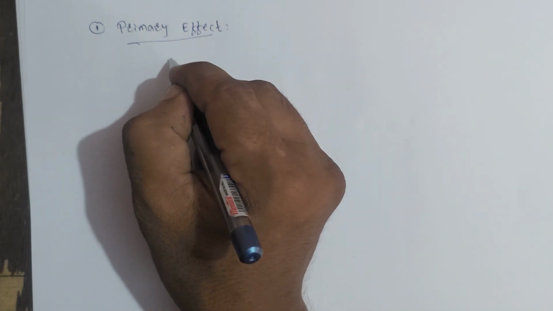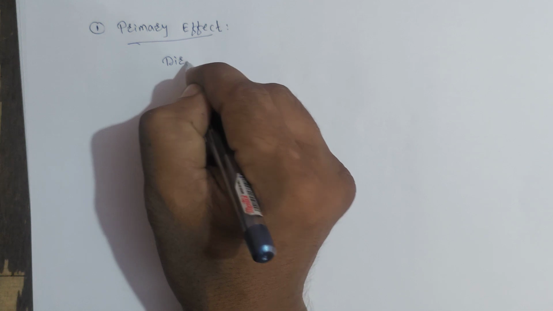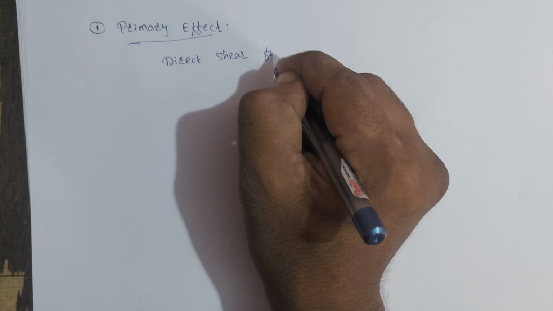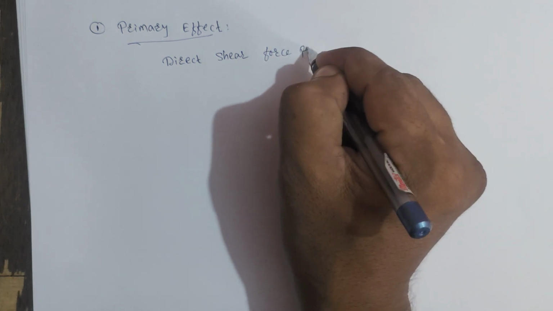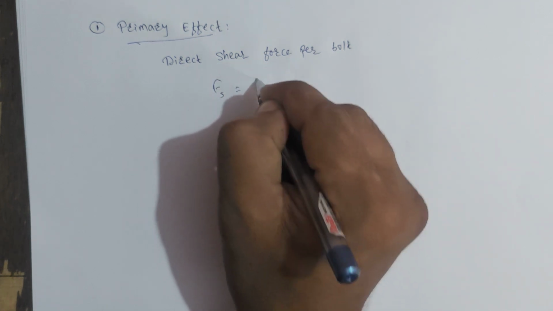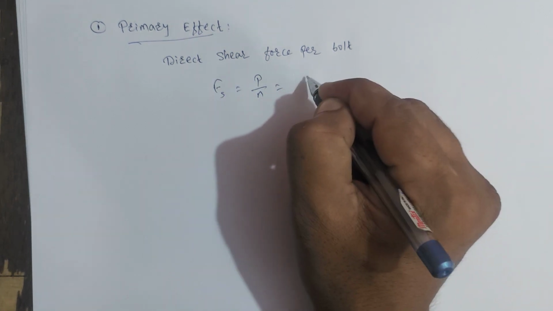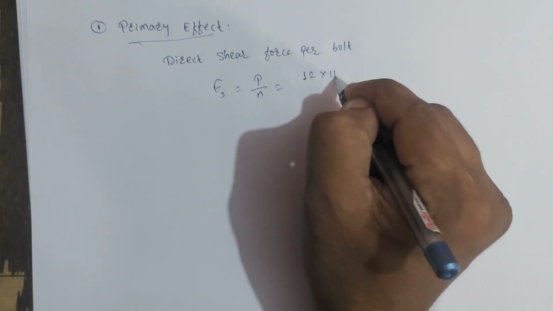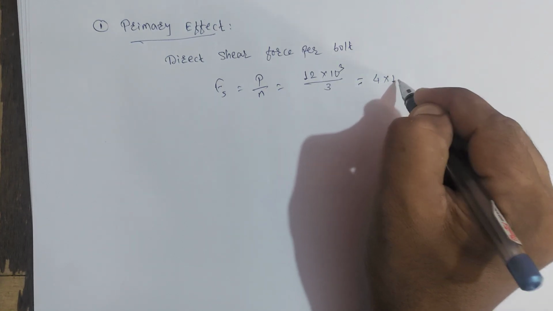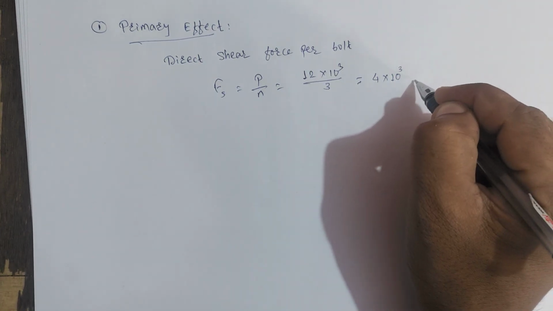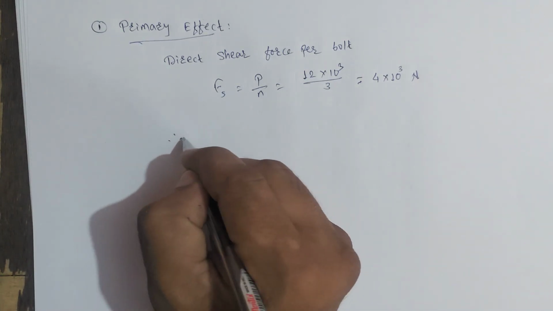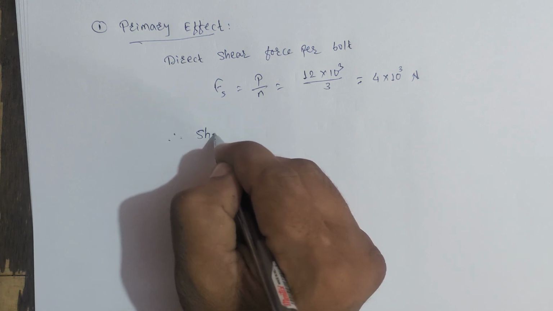The primary effect is direct shear force per bolt, that is Fs is equal to P by n. So here P is 12 into 10 to the power 3 and n is 3. So 4 into 10 to the power 3 Newton.